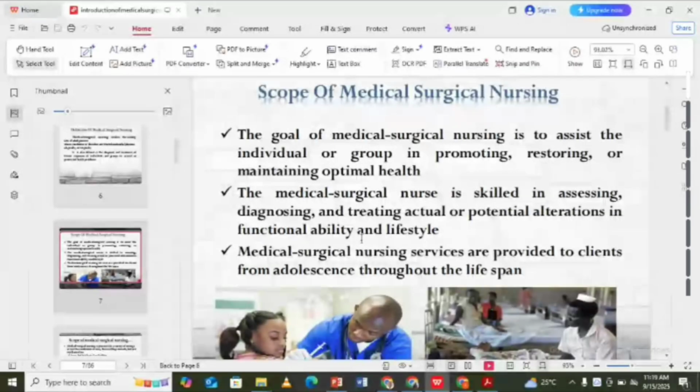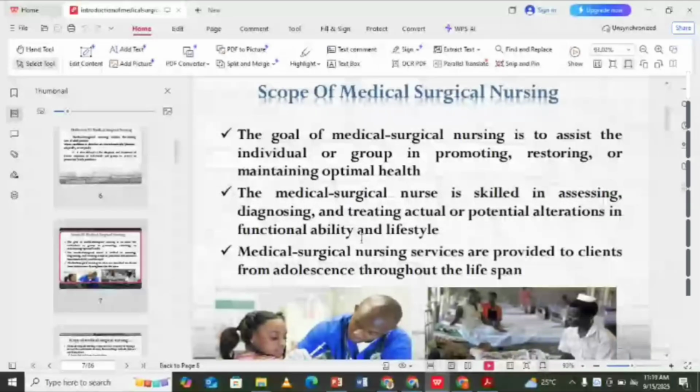Remember last time I said the KSA: knowledge, skills, and attitude. You should be skilled in doing proper assessment, proper diagnosis, and the actual treatment or managing of potential alterations in the functional ability of the patient and their lifestyle.